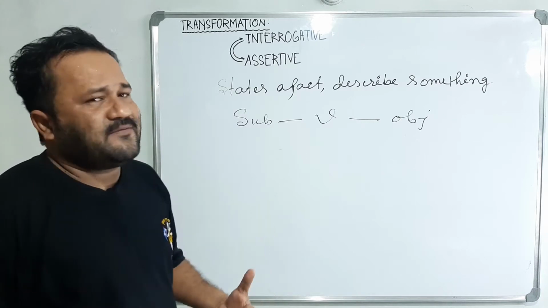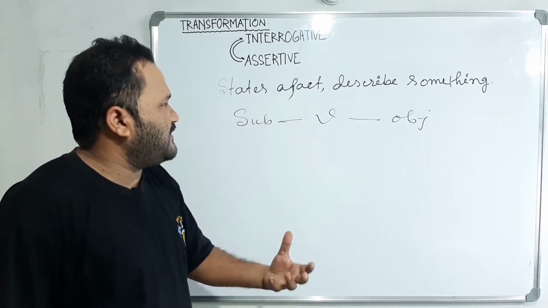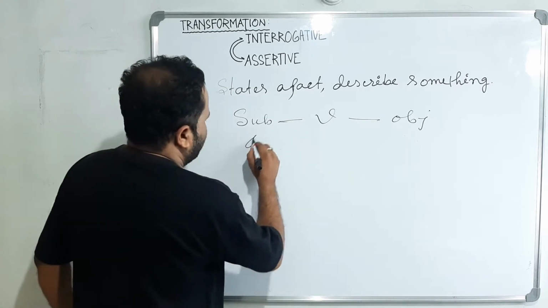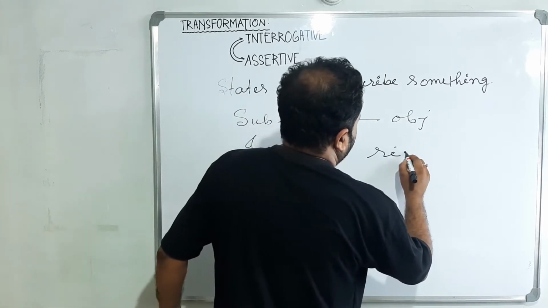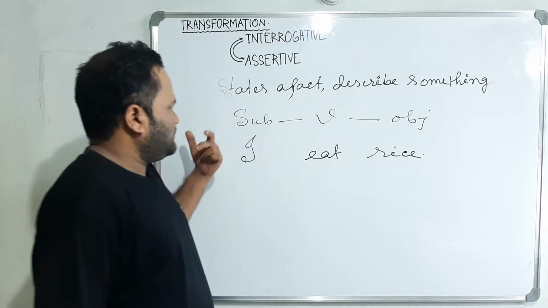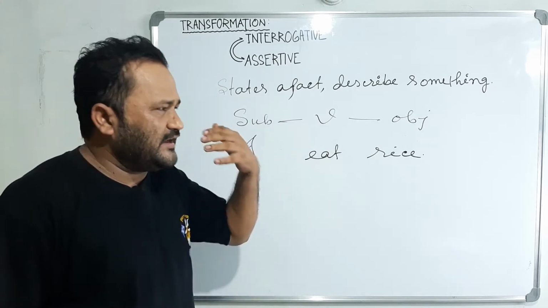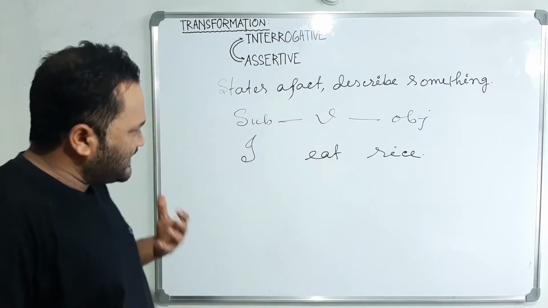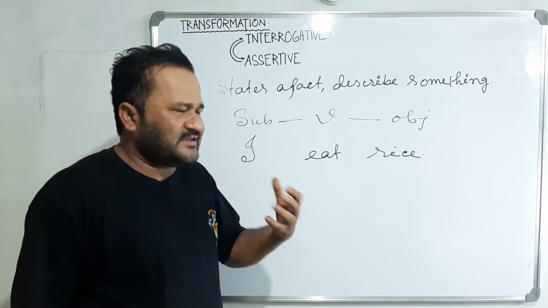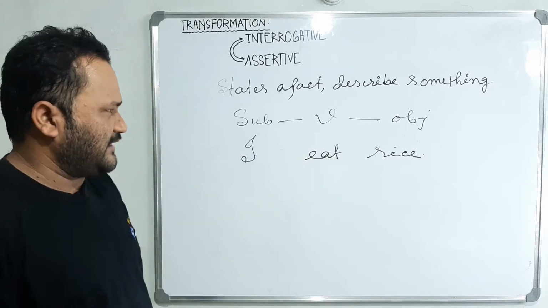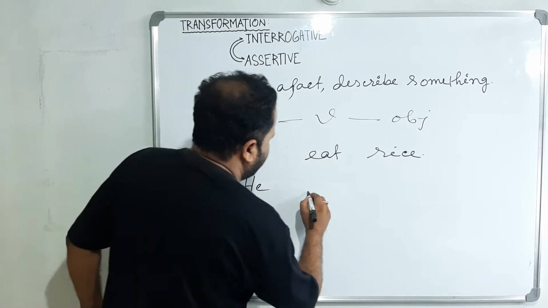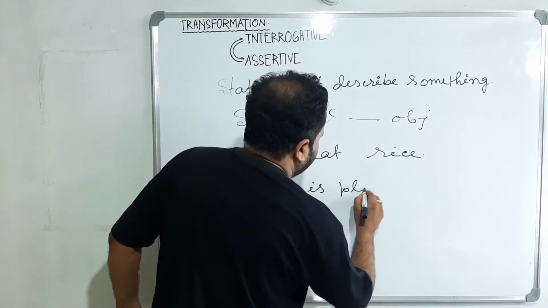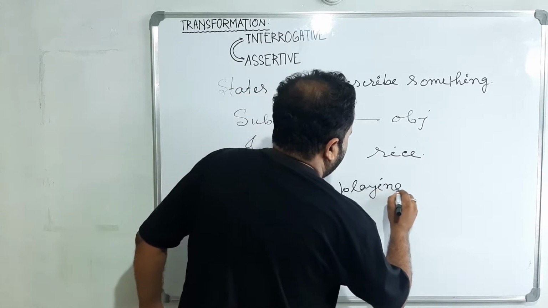Now, if I give an example of an assertive sentence: I eat rice. Here, this is an assertive sentence. It states a simple fact, that is, I like to eat rice, that is, I eat rice every day, something like that. It's a fact.